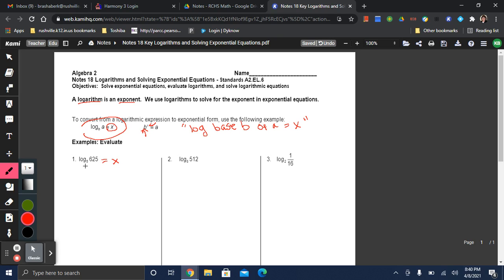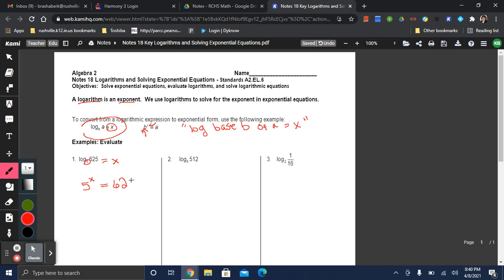And then the little number beside the log, that is your base. So the 5 is your base. The part that the logarithm equals is your exponent. So 5 to the x power equals, and then your other number, 625.